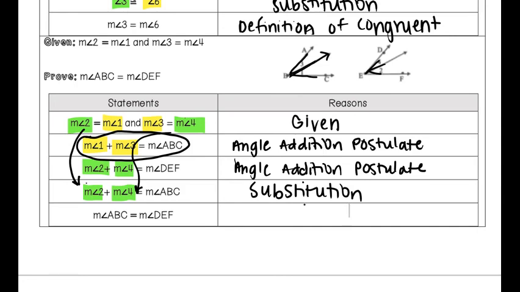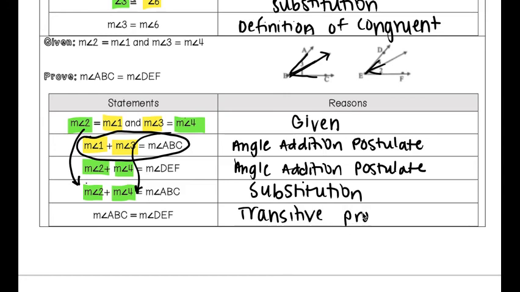So in my final line, when I then can say that the measure of angle ABC is equal to the measure of angle DEF, that's going to be the use of my transitive property.